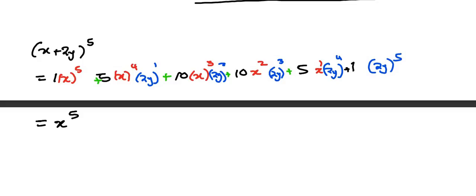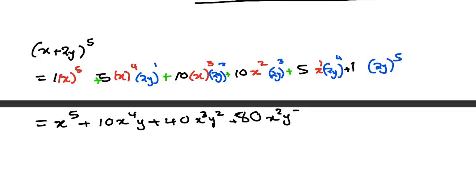Then from here, we simplify it and get something that is going to be x to the power 5, plus 10, x to the power 4, and y, plus 40, x to the power 3, and y to the power 2. Because of the 2y squared, this is going to give us 80, x squared, and y to the power 3.